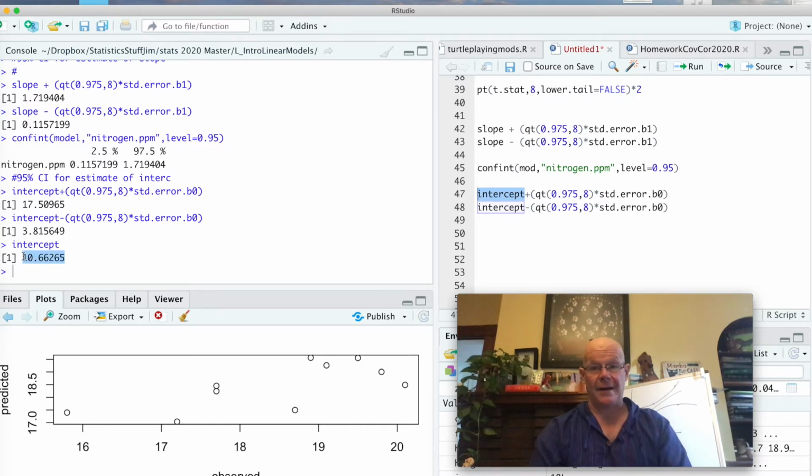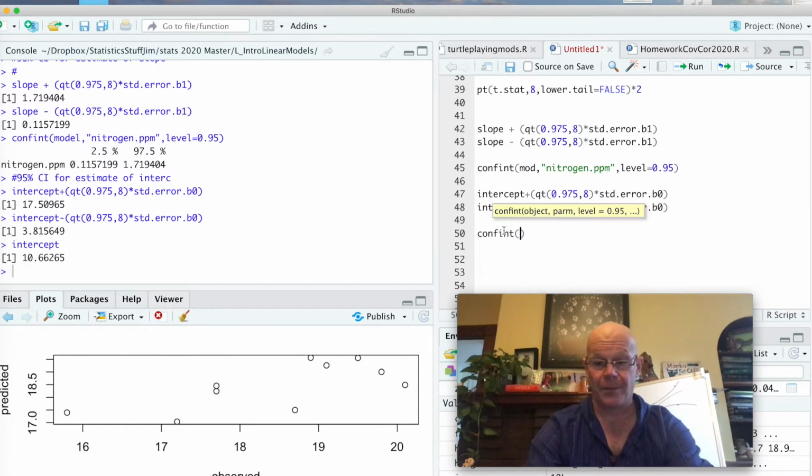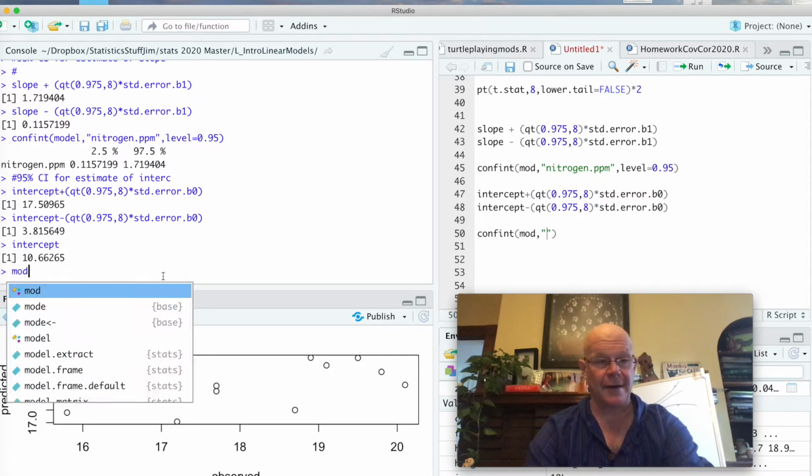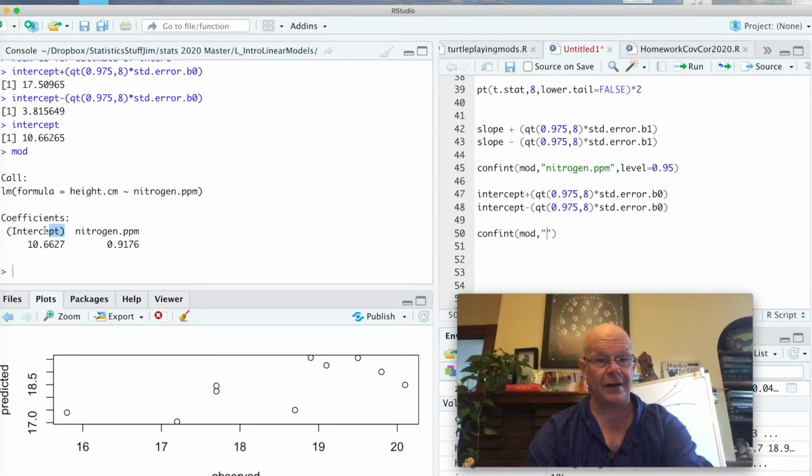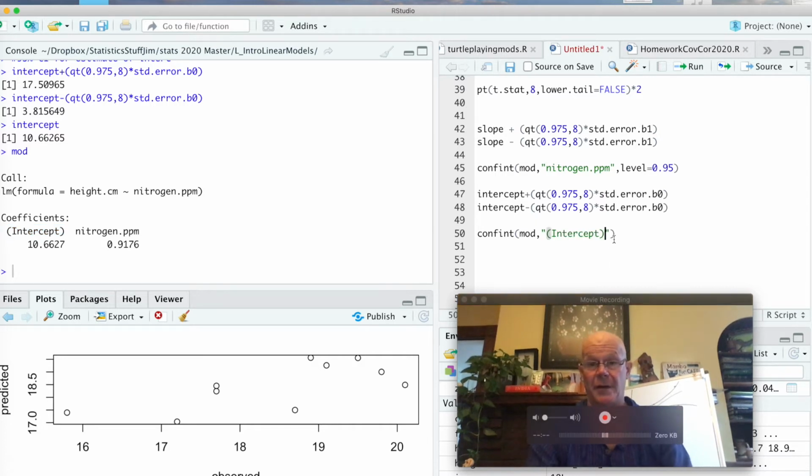Okay. And again, we could use that confint function for our mod. And then here, let's look at the name of the objects there. Notice that intercept is in parentheses. And so we're going to need to put it in parentheses when we put it into that confint function, because that's what the object is actually calling it.